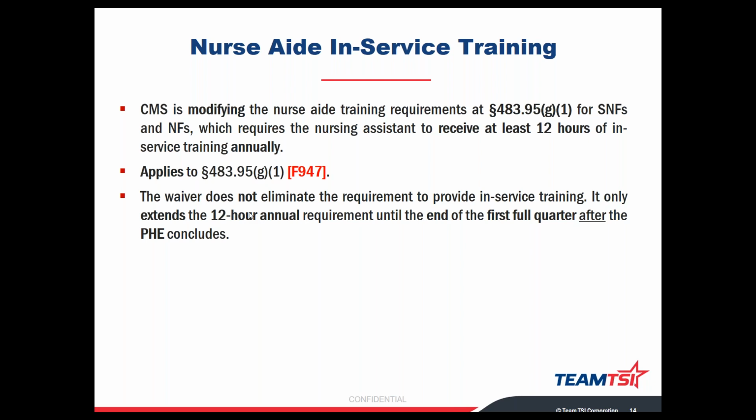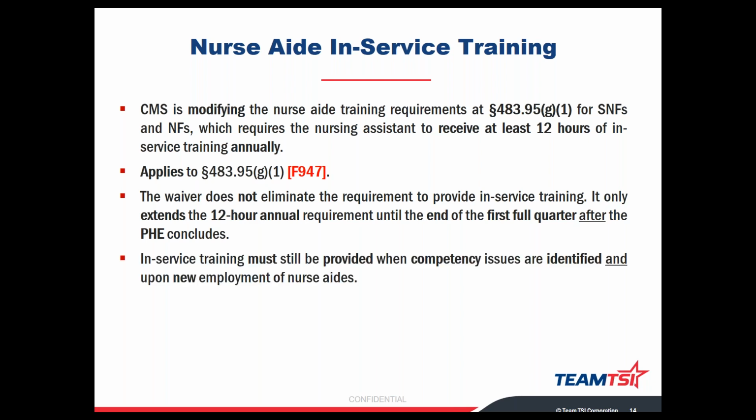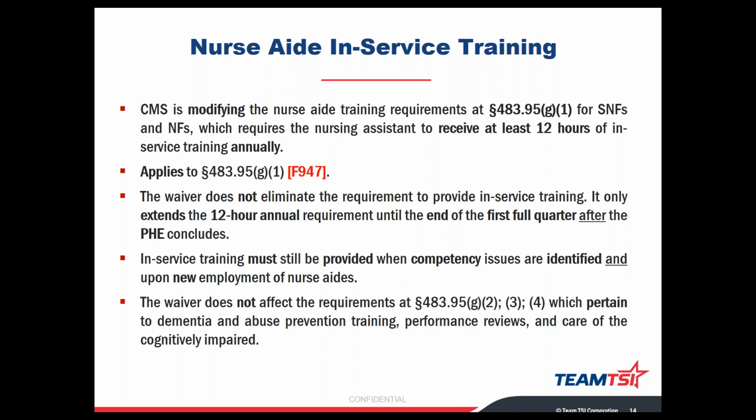You can't just ignore the training requirements for the 12-hour period. It must still be provided, especially when competency issues are identified and upon new employment of nurse aides. It does not affect the requirements which pertain to dementia, abuse prevention training, performance reviews, and the care of the cognitively impaired.